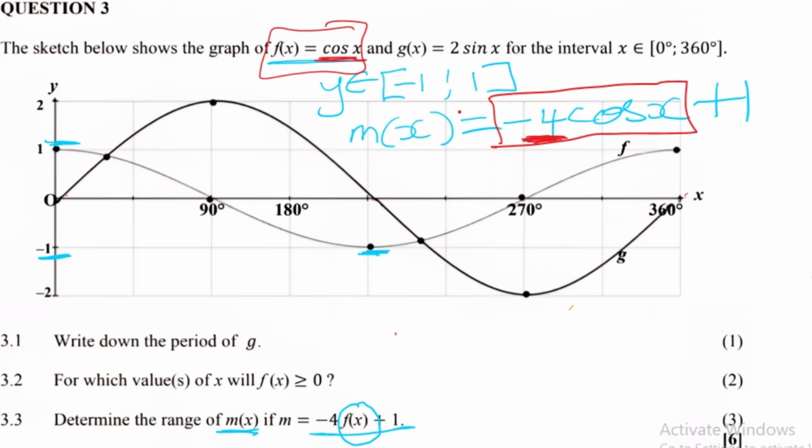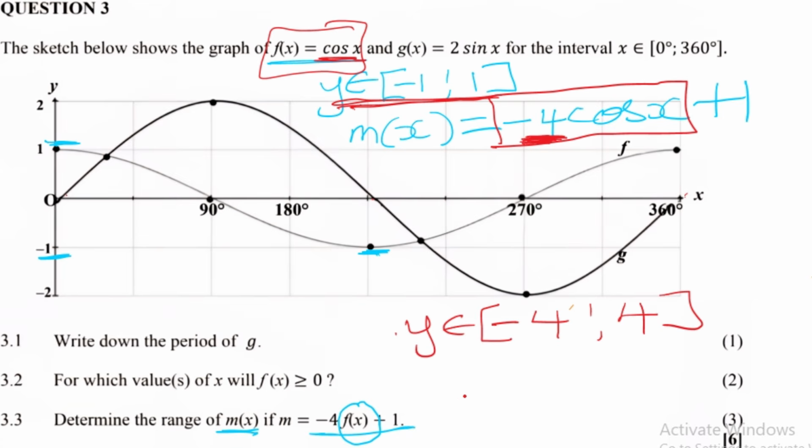So the range of the original graph is this one, which is f of x. Now if we were to find the range of m here, we were going to have something like this: y is an element of -4 to positive 4. This was going to be the range.